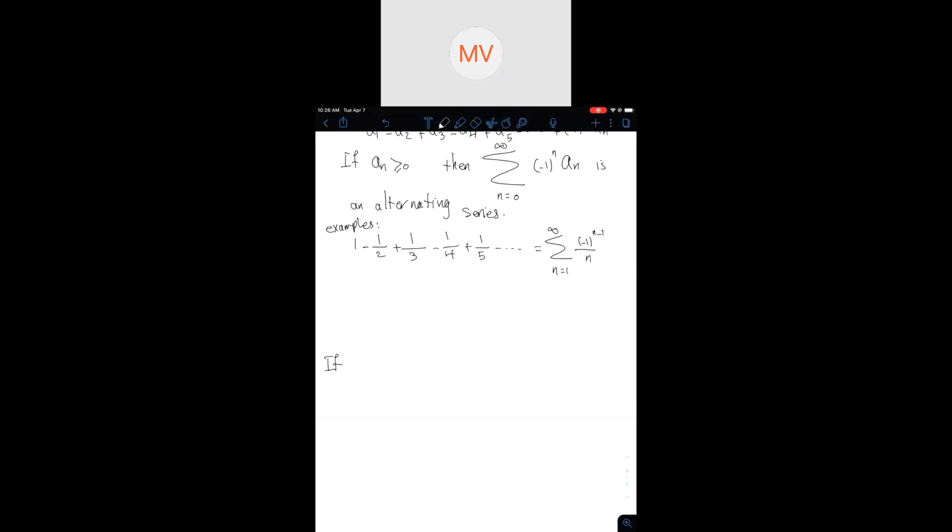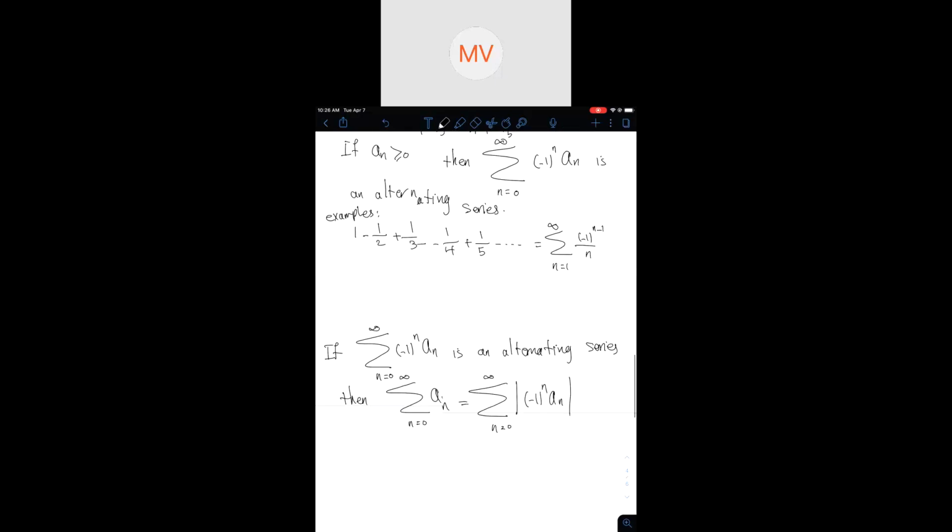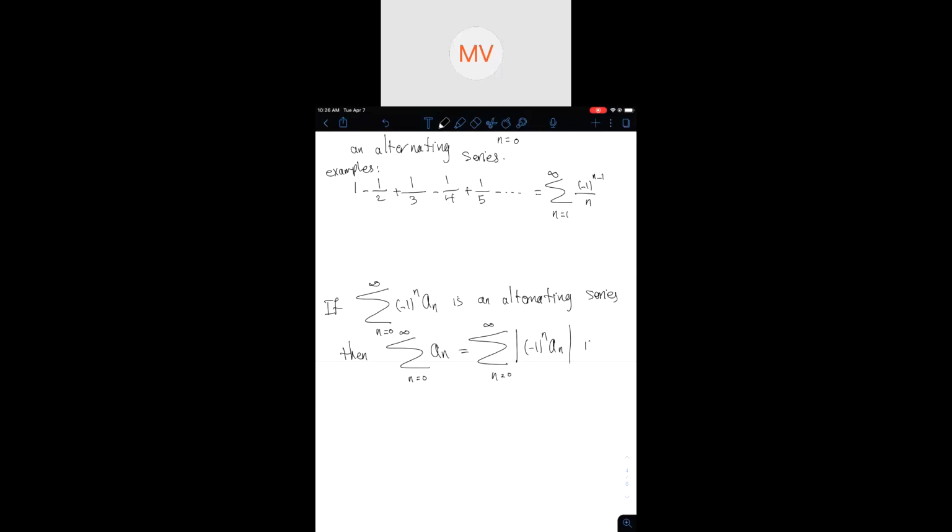If the sum of (-1)^n a_n, starting from 0 to infinity, is an alternating series, then the sum of a_n, which is basically the sum of the absolute value of (-1)^n a_n from 0 to infinity, is obtained by just dropping that (-1)^n. Just consider all the positive terms.